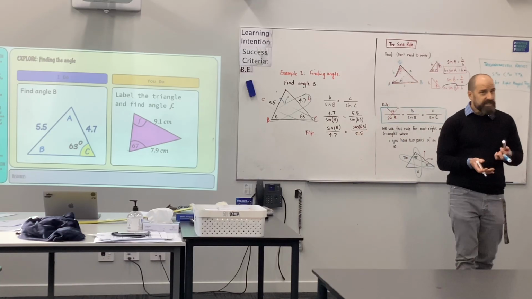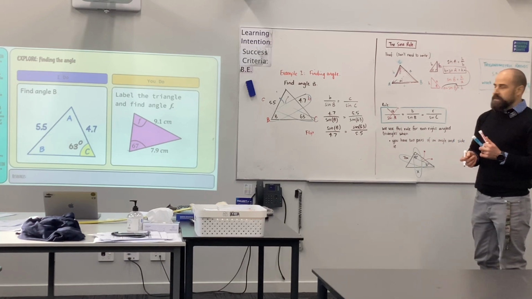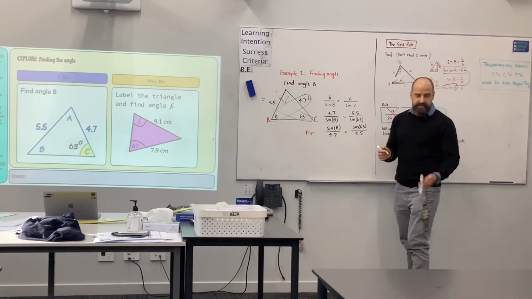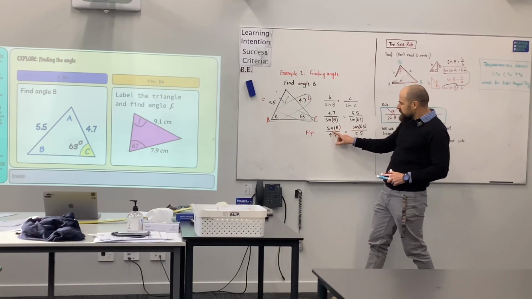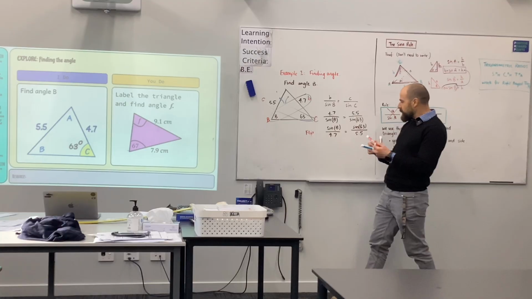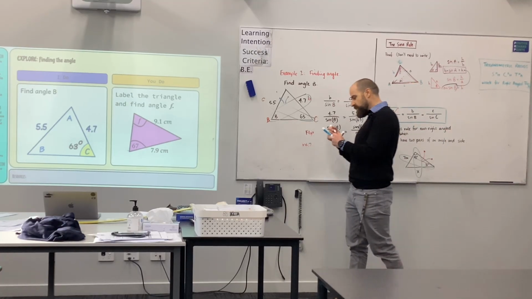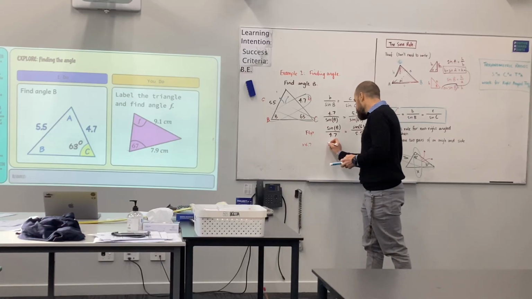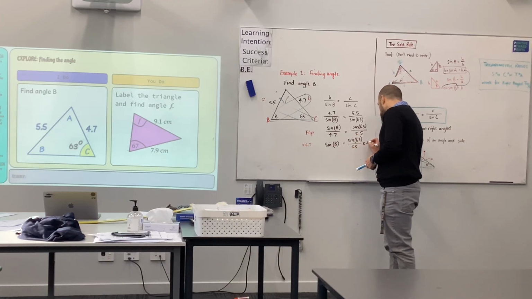I'm allowed to do this, all right? I can just flip them. Second thing I'm going to do, I'm trying to get B by itself, so I want to get rid of this divide by 4.7. How do I get rid of a divide by 4.7? Beautiful. We multiply by 4.7. So the sine B will still be here, and we'll have the sine 63 over 5.5, and it's multiplied by 4.7.